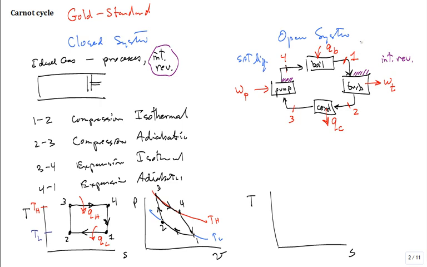And when you're going out, guess what you go out as? Saturated vapor. If the saturated liquid and saturated vapor have the same pressure, their temperature is the same. It's the saturation temperature for the boiler pressure. So what we do is we come up here and we say, this is T sat at the boiler pressure, T high. And what we want to do is probably put the dome in there.